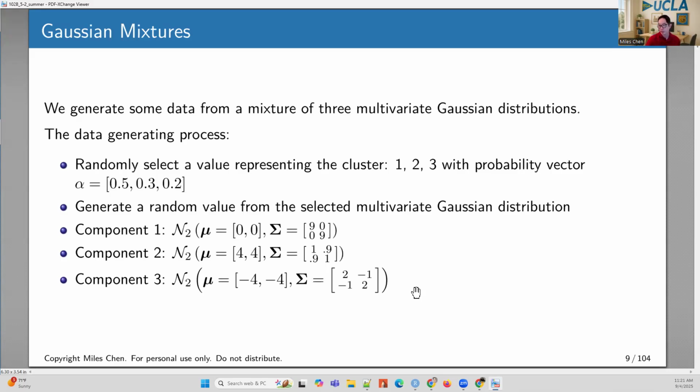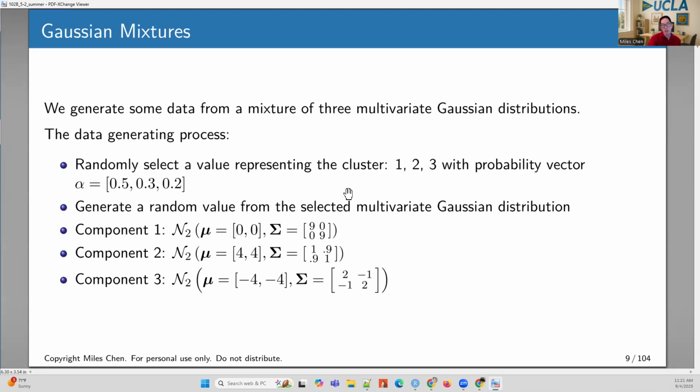We're going to randomly select each value to come from one of 3 clusters. Values come from cluster 1 with probability 0.5, cluster 2 with probability 0.3, and cluster 3 with probability 0.2.